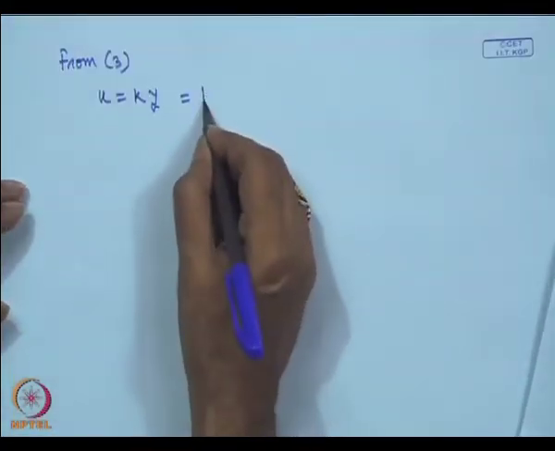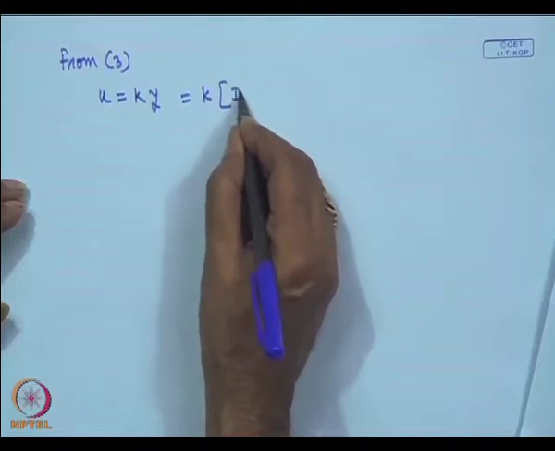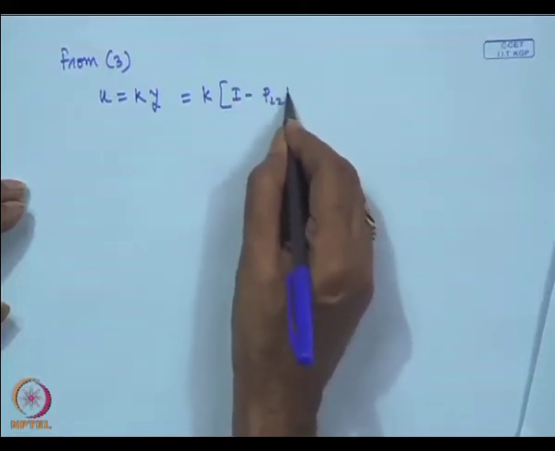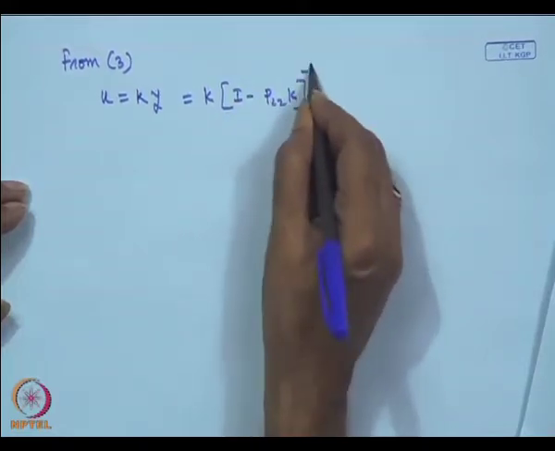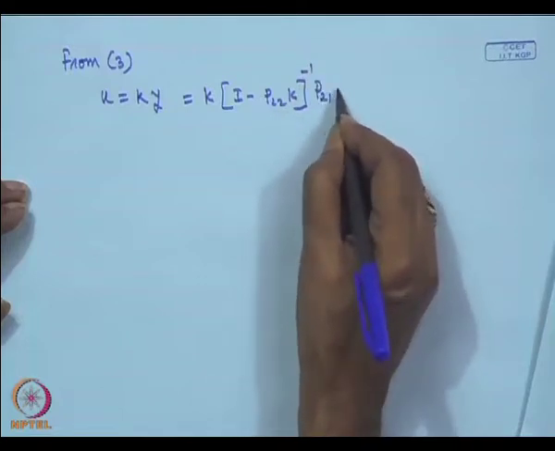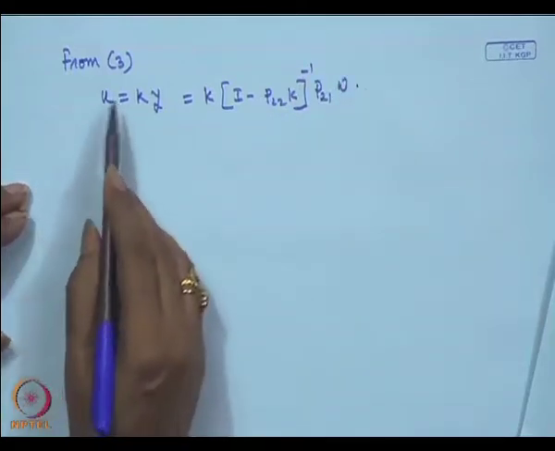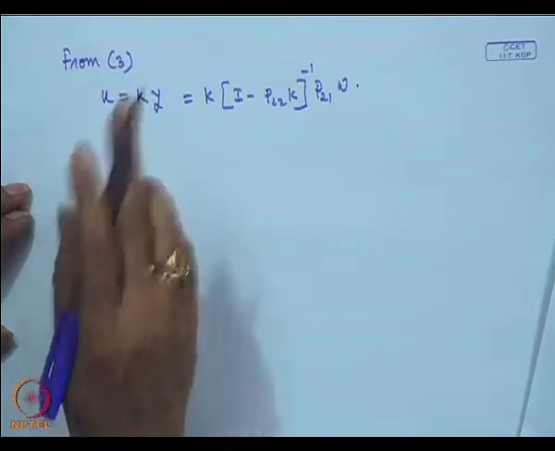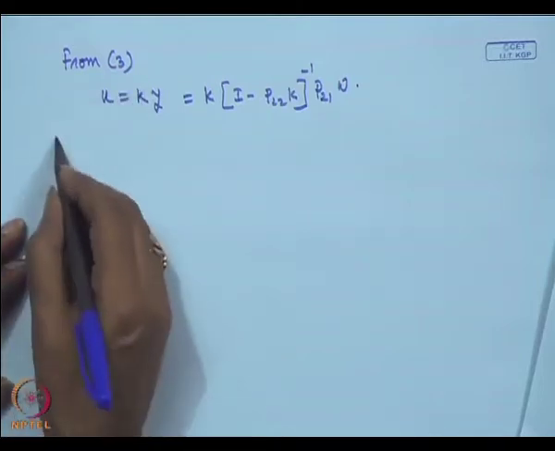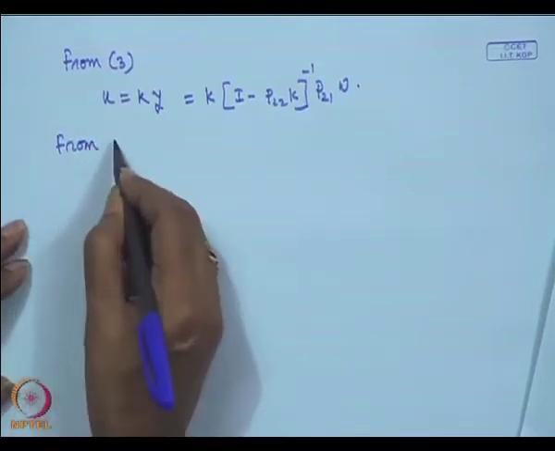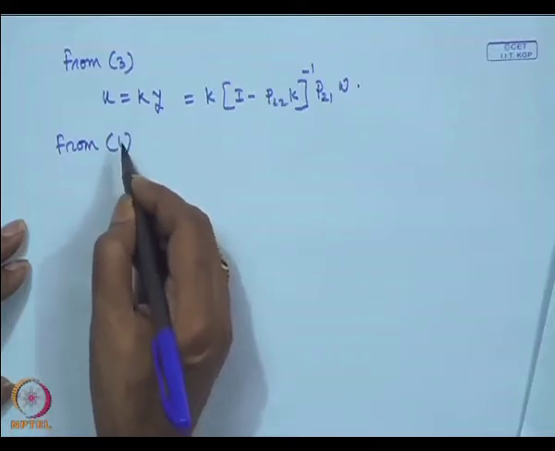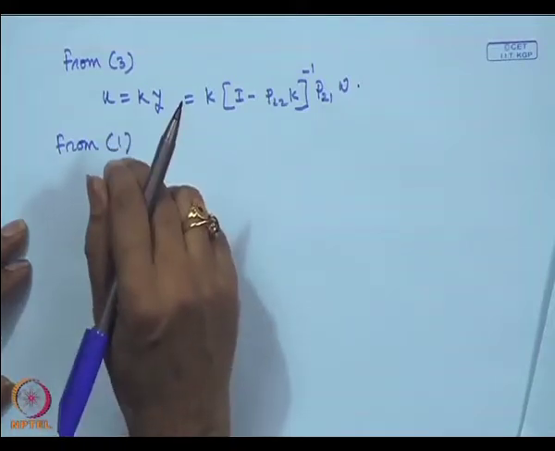It will be K into I minus P 22 K whole inverse P 21 W. Replacing U in equation 1, we will get the relationship between the input signal W, which is the exogenous input, and Z, the regulated signal.